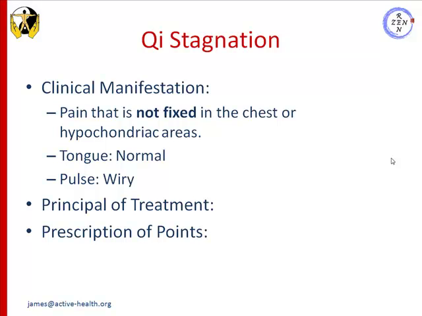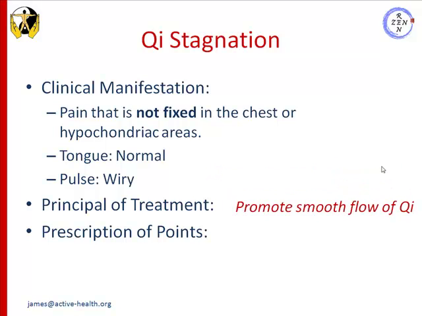The tongue is usually normal. It can have other qualities to the tongue as well, such as a darker shading on the sides of the tongue, and the pulse is wiry. Our principle of treatment for qi stagnation would be to promote the smooth flow of qi.